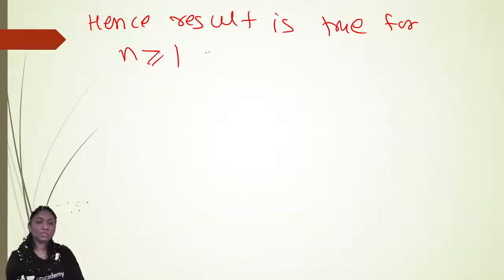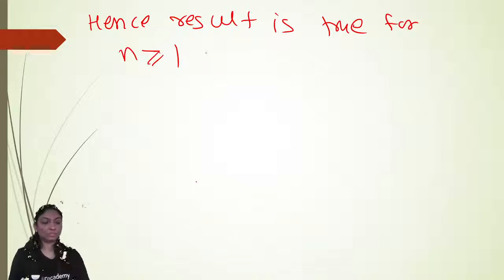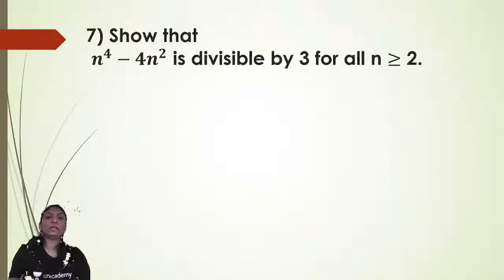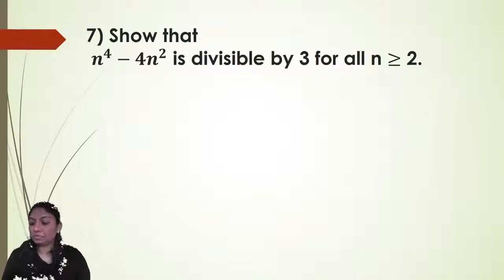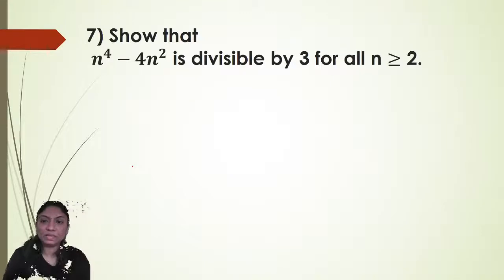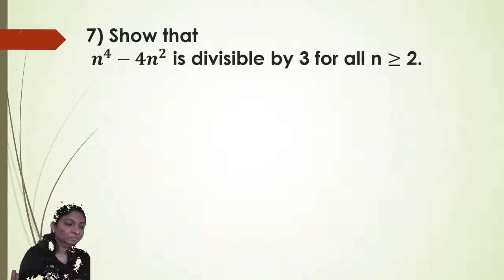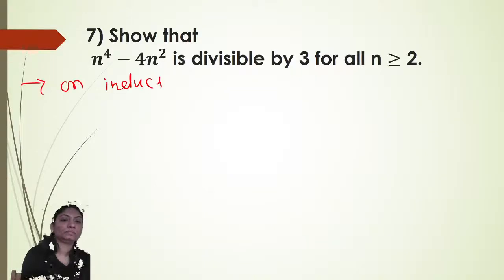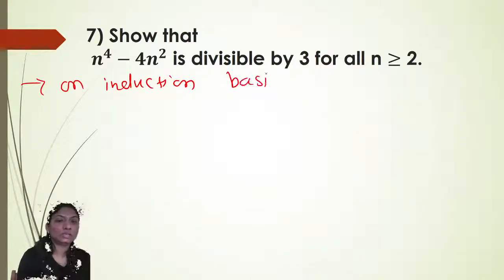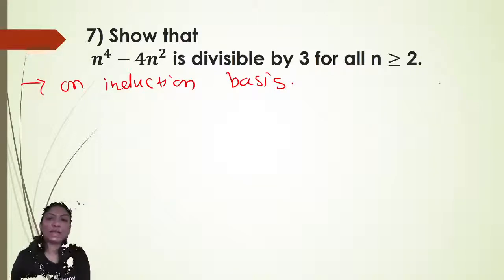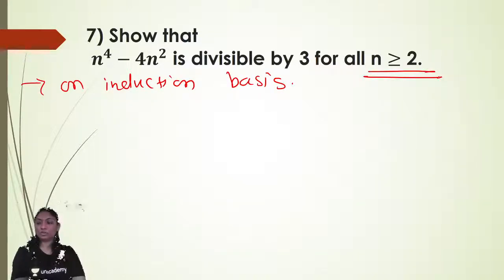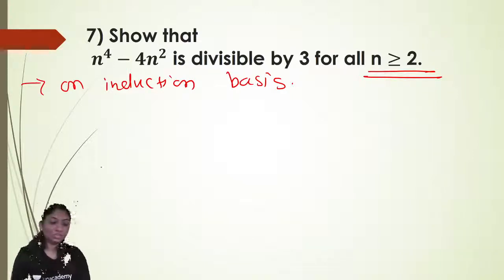Okay? I hope this is clear to you how to find induction on the basis that the numbers are divisible by. In exactly a similar way we will prove this result: n raised to 4 minus 4n square is divisible by 3 for n greater than or equal to 2. So on the induction basis, here n is greater than or equal to 2, so your induction starts with 2, right?